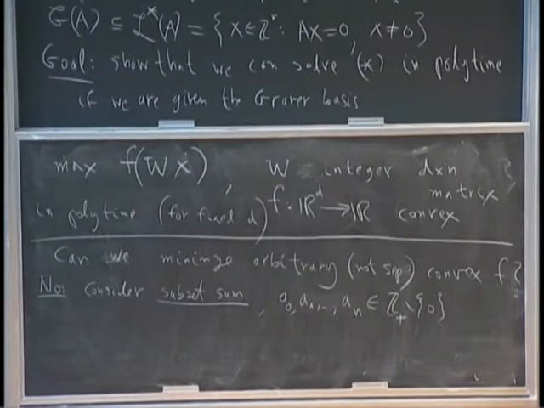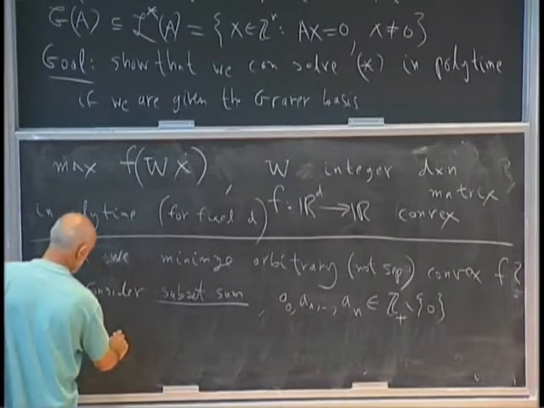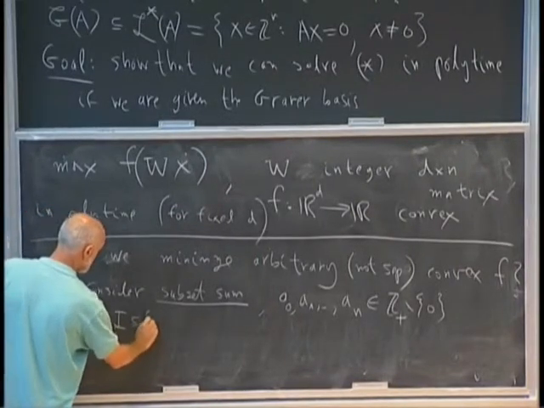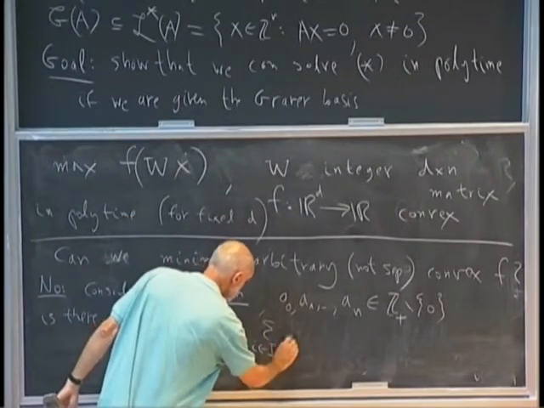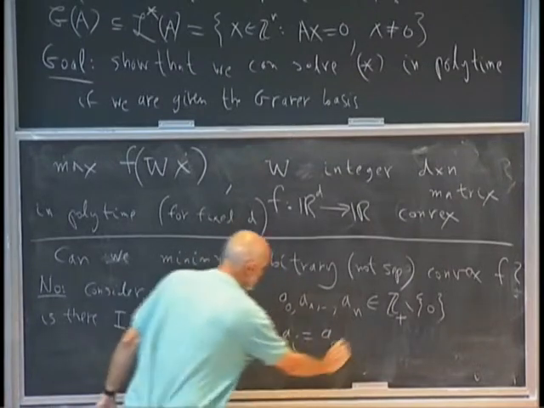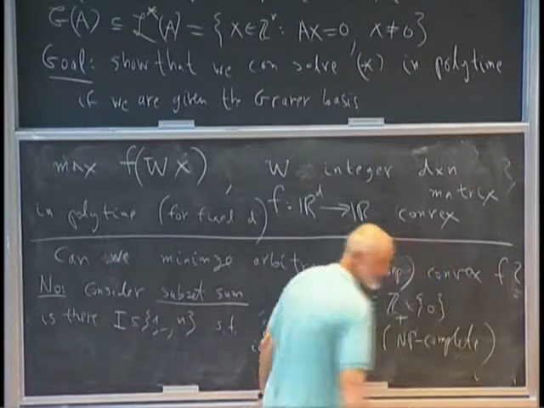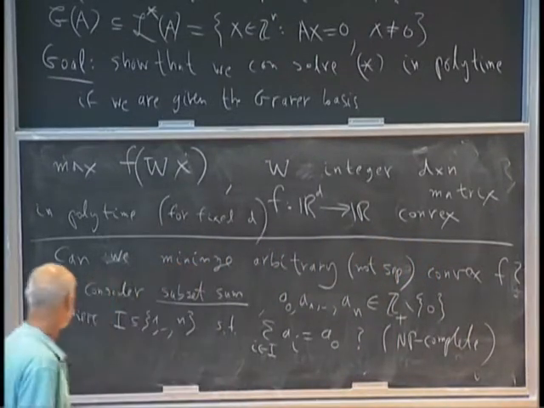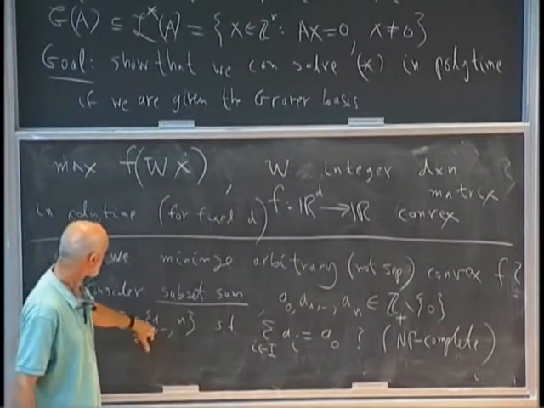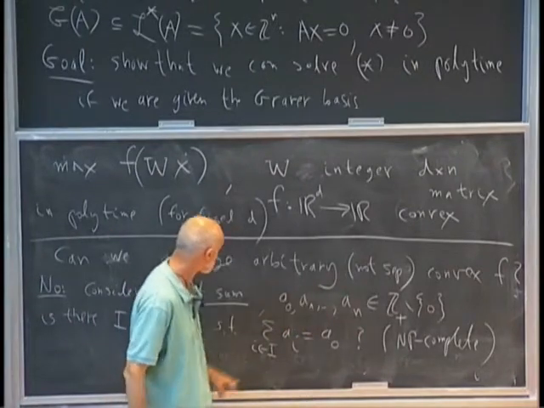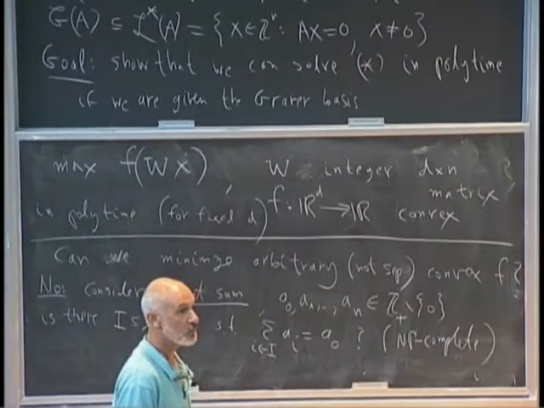And the question is, is there a partial sum of these numbers, is there an I such that the sum of the numbers in I is A0? And this is known to be NP-complete. This is a classical problem. Okay, is this clear? We are given n plus 1 positive integers, and the question is there a subset of the numbers from 1 to n that sum to A0? And this is NP-complete.